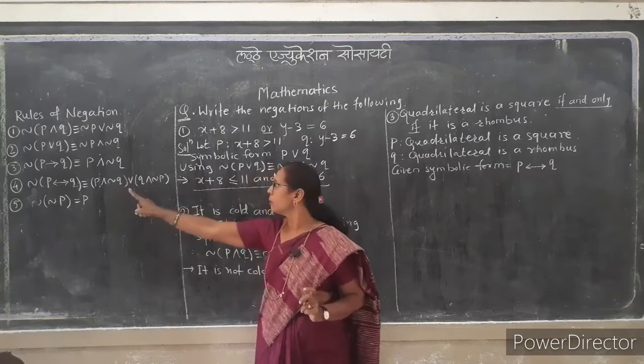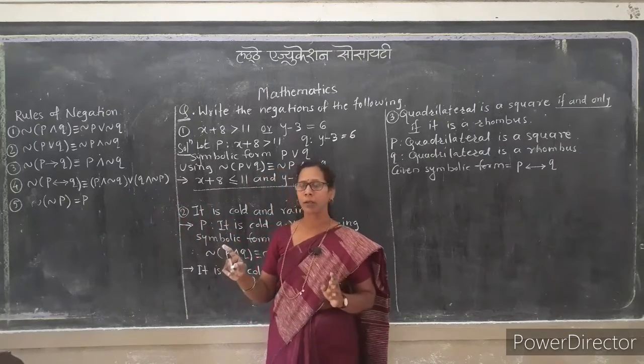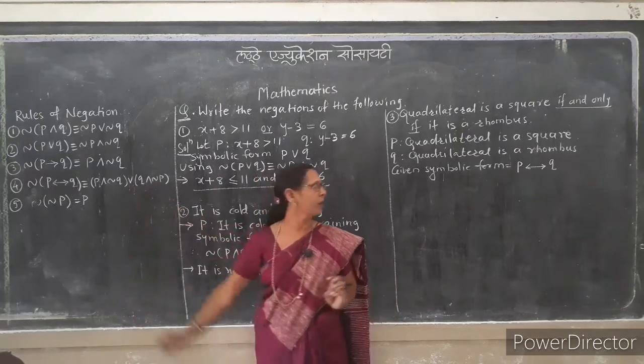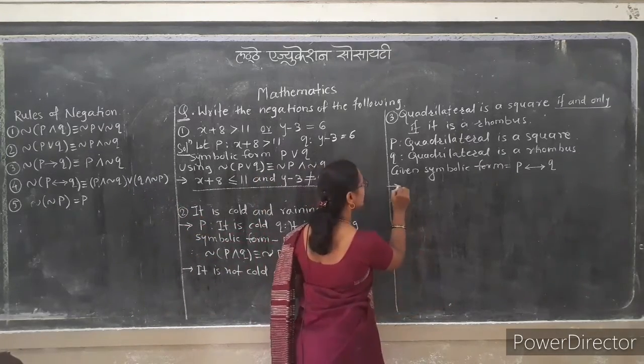For conjunction we write and, but, and for disjunction we write or. Therefore, see its negation statement.